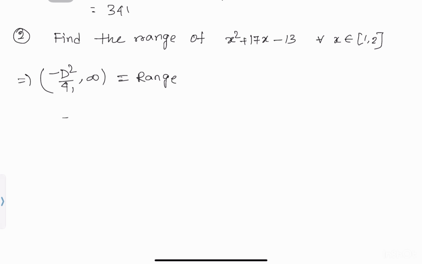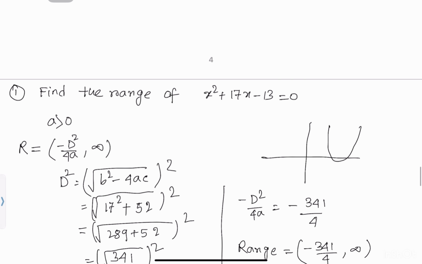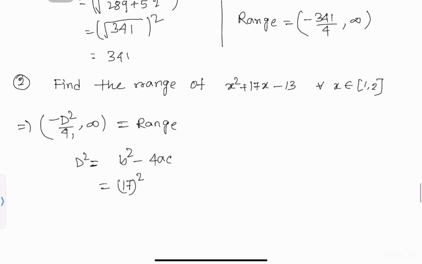Okay, first find d square. D square is equal to b square minus 4ac. The b value is again 17 square. Both are the same question I took, so I am writing only the answer here.